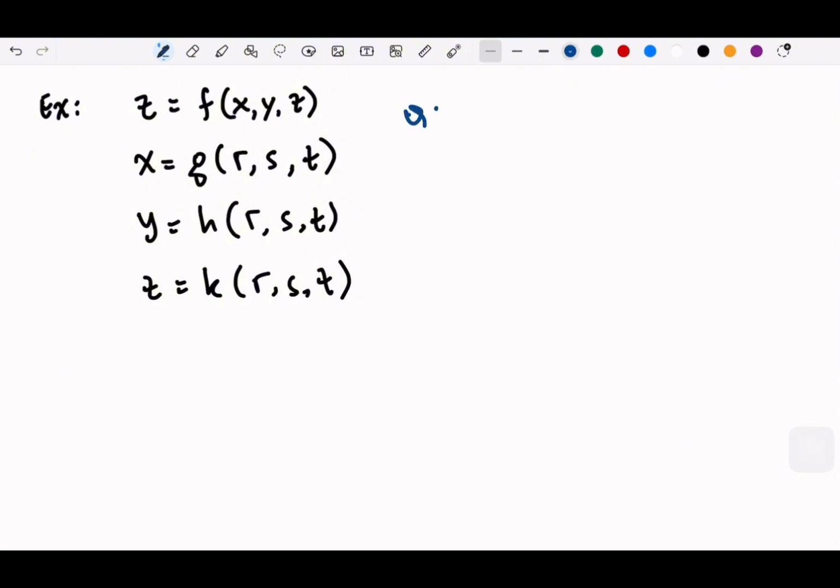The question is to determine the partial derivative with respect to s of z.